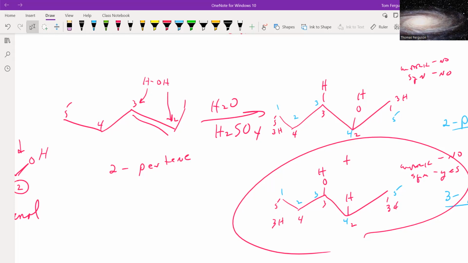What runs the universe? More stable. Stability rules. Remember that. If in doubt, what's the driving force? When you get into some sophisticated chemistry, they say that's a Gibbs free energy argument, but it's stability. Okay.